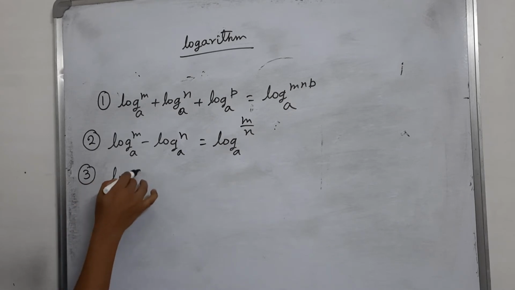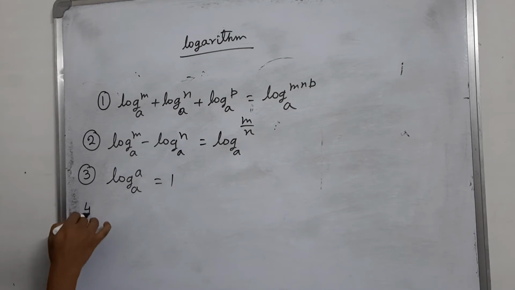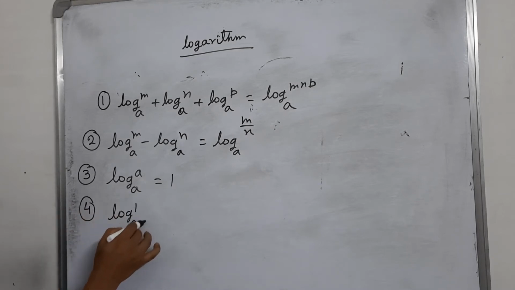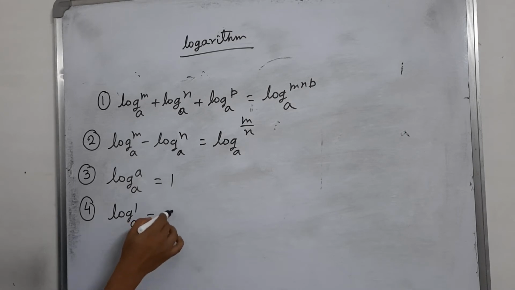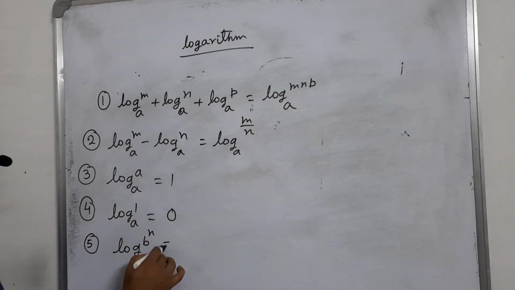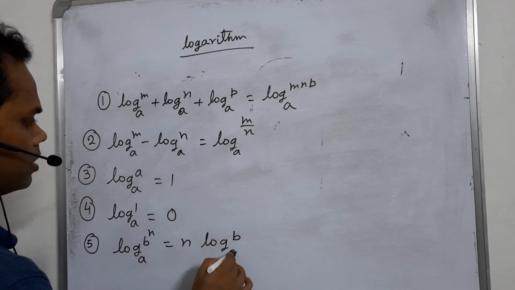While base and index are the same, this one is 1, while log of 1 to any base equals 0. Log of b to the power n to base a is written as n log b to base a.